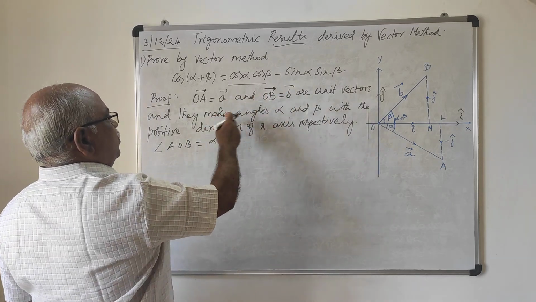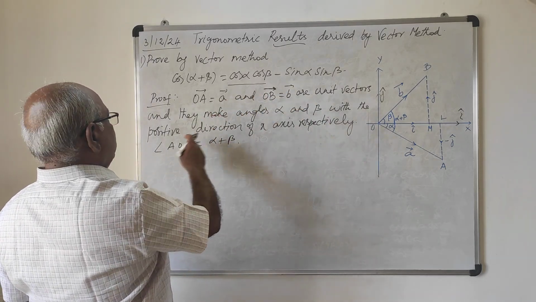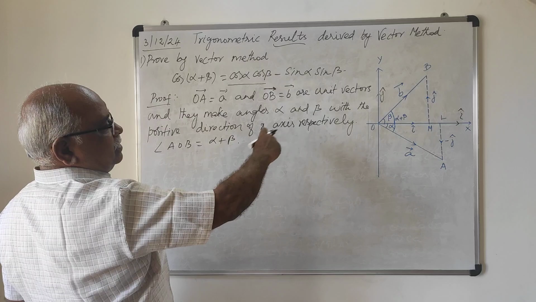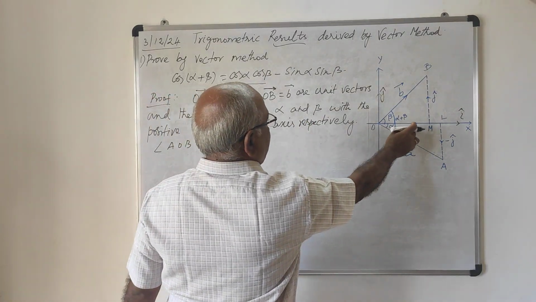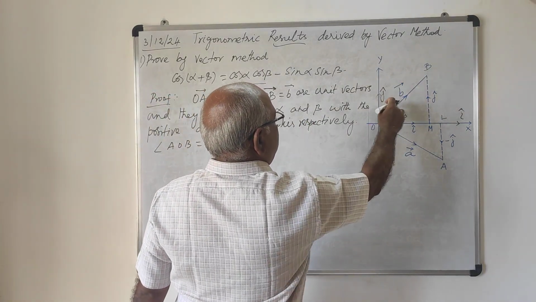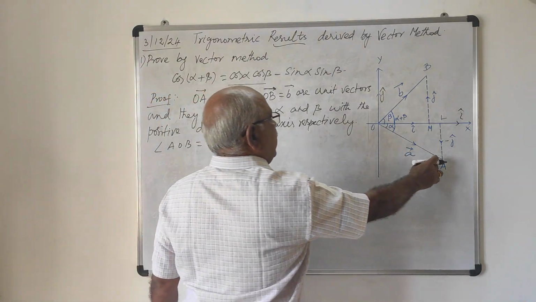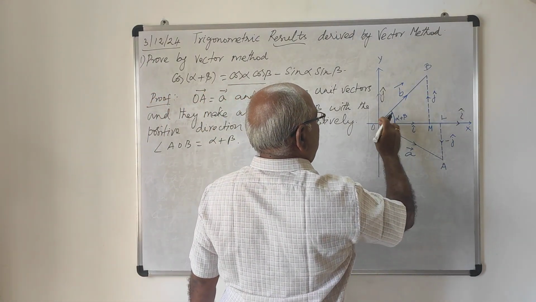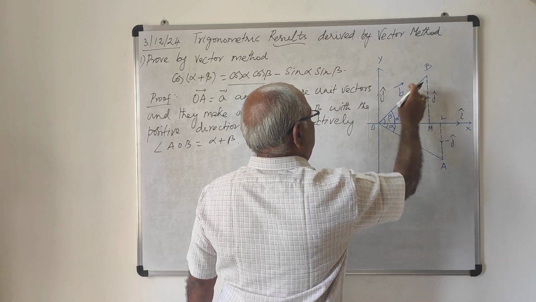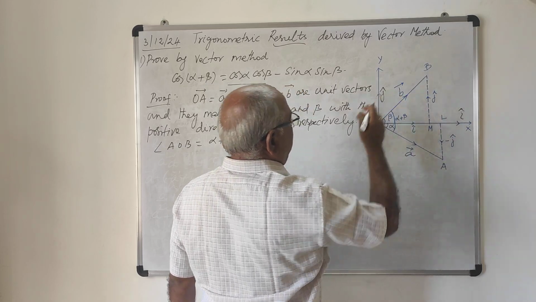Angle AOB is alpha plus beta, the sum of angle AOX and angle BOX.